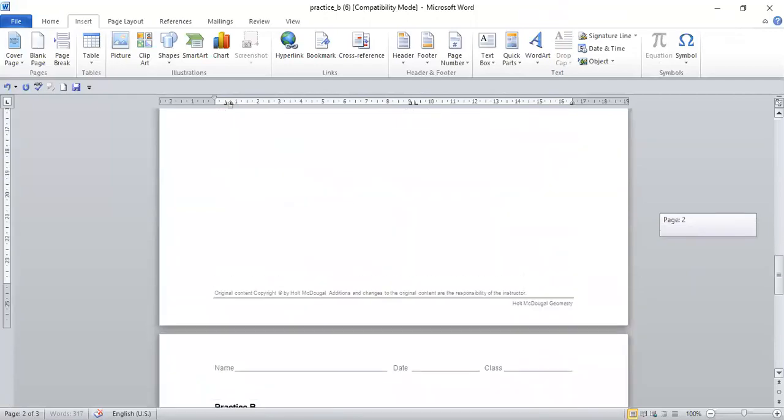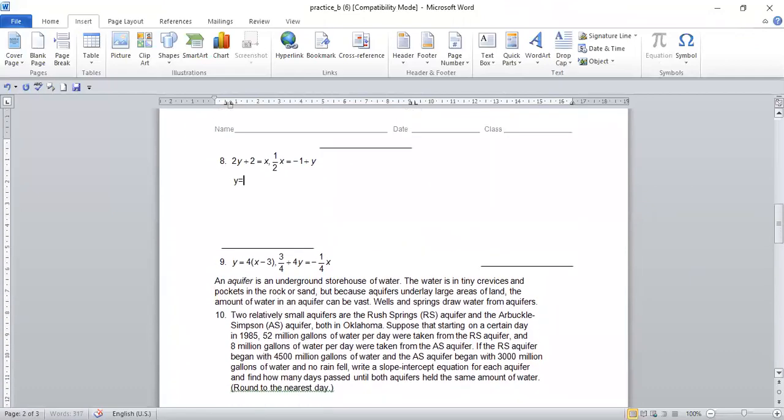When the slope is the same and the y-intercept is not the same, that is going to be intersecting. So the slope is going to be half for both, but the y-intercept will be different, which means they are intersecting lines.